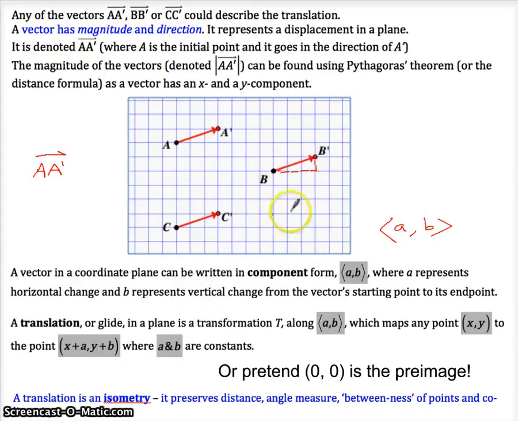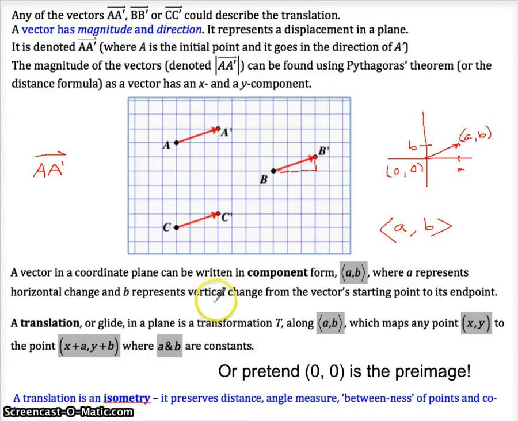So it's almost like recentering this vector at 0, 0. If I started the vector at 0, 0, and I performed this translation on the point 0, 0, it would end up over here at the point AB. This would be point AB after the translation of vector A, comma B from 0, 0.